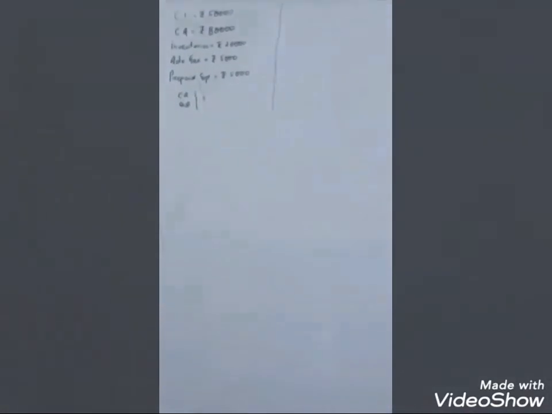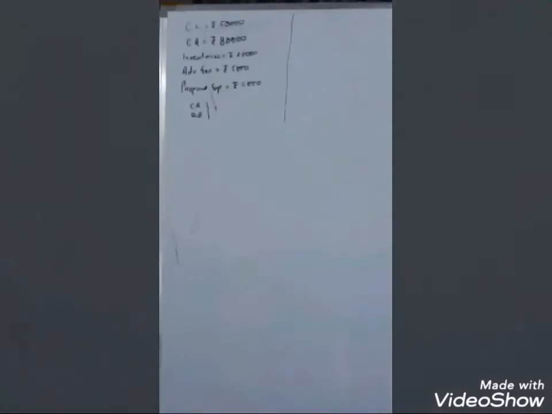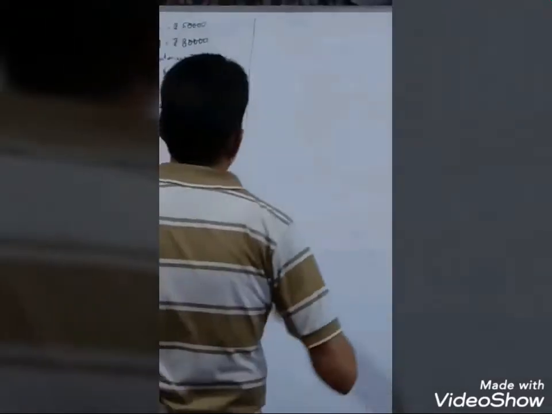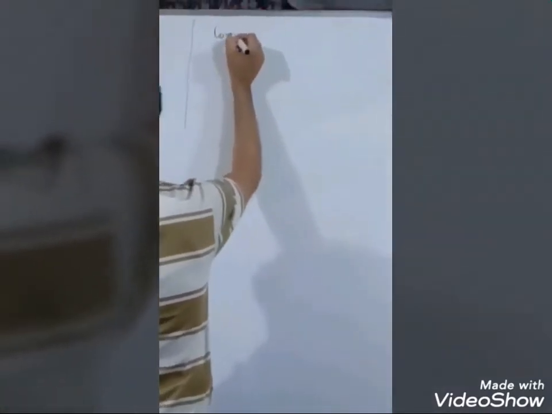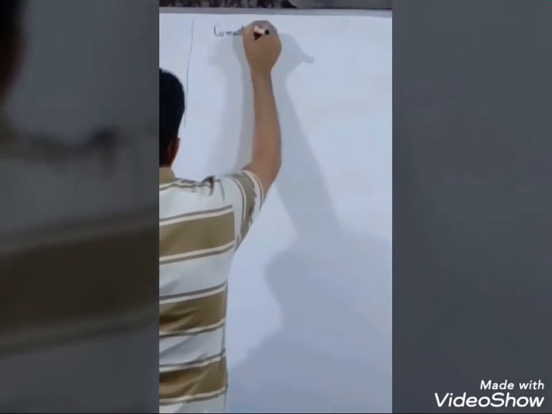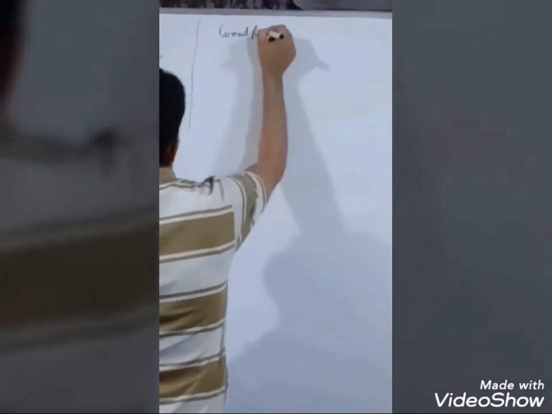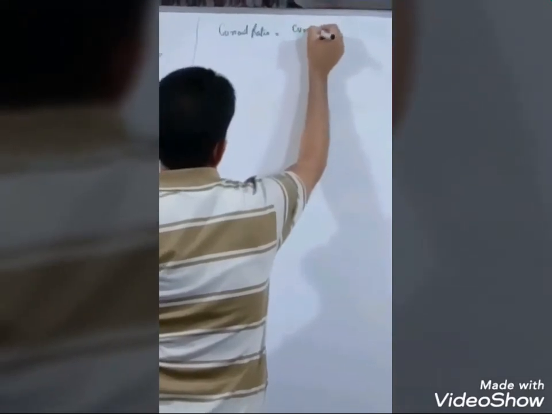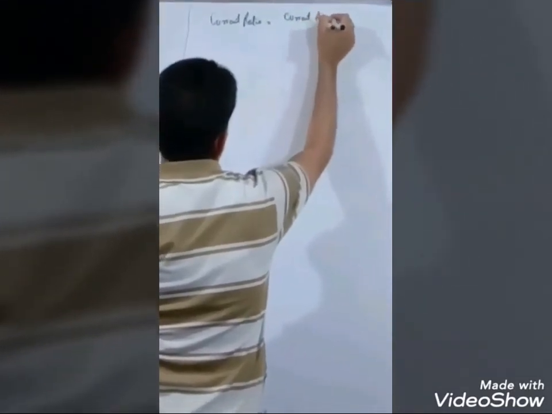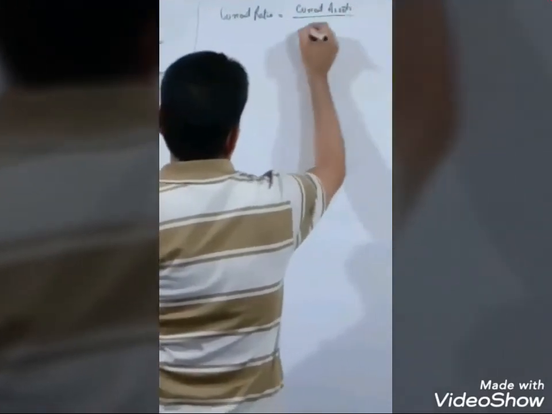So first of all, we will calculate the current ratio. For calculating the current ratio, the formula is current assets divided by current liabilities.